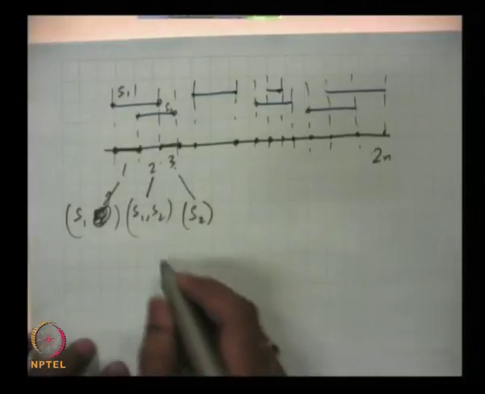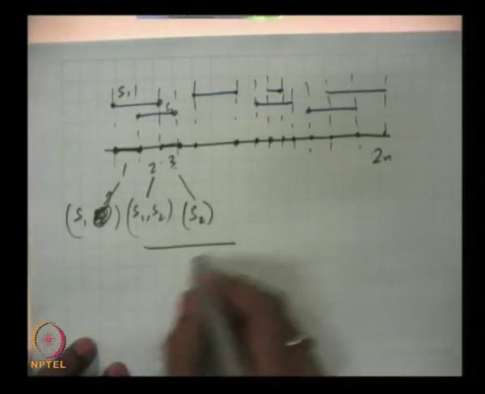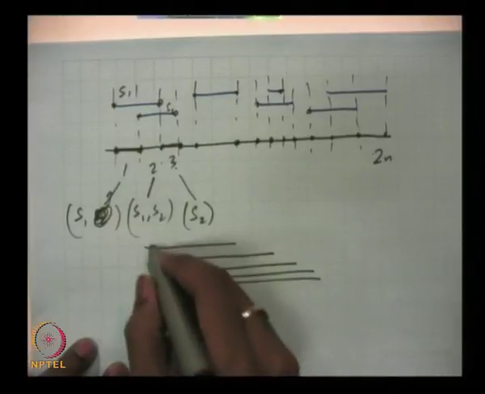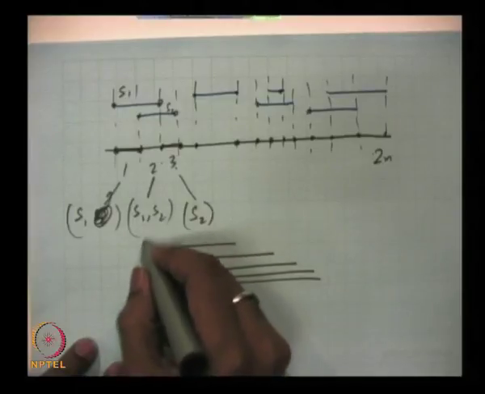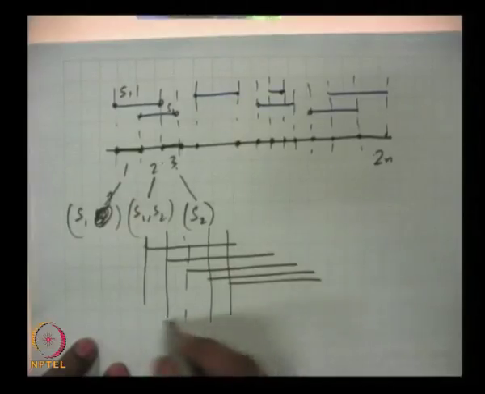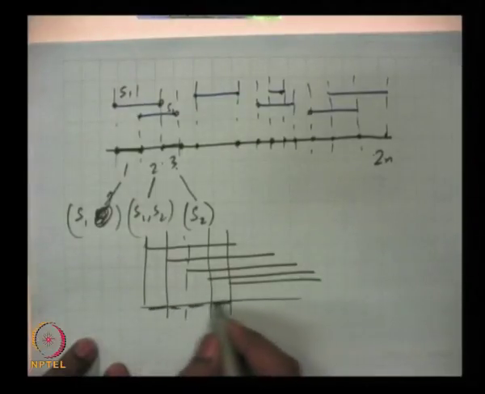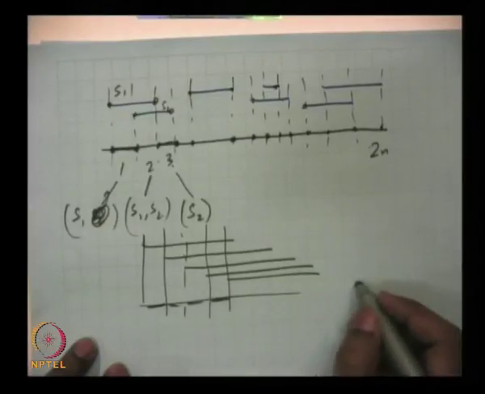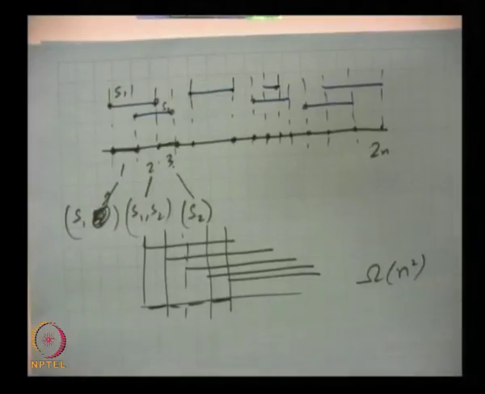And not only that, this information itself is bad. Suppose for each interval there could be a large number of segments covering it, which means there will be at least about n square information that you need to store. If I need to store n square information, I do not have much hope for an efficient algorithm.